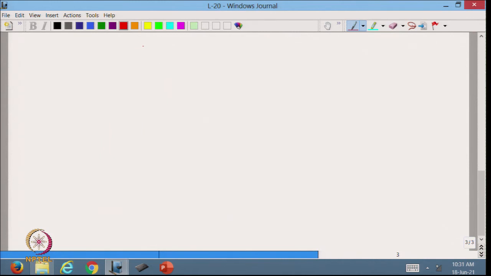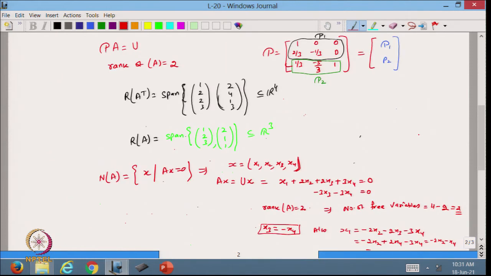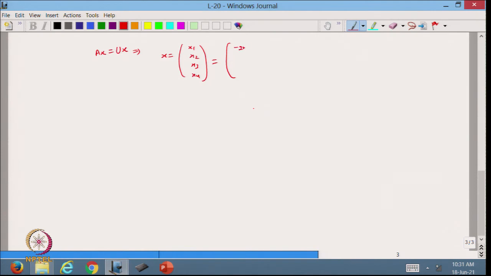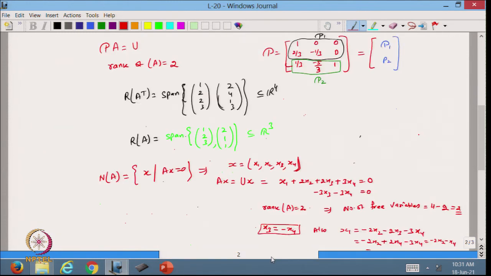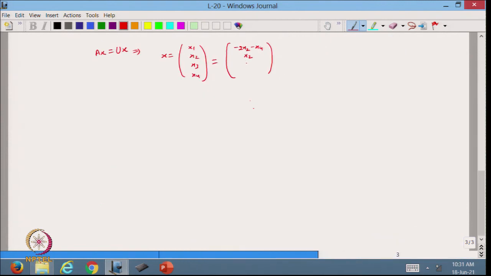So from here my x becomes x1, x2, x3, x4, that is equal to, instead of x1 I will write minus 2x2 minus x4, and x2 is x2, x3 is minus x4, and x4 is x4.